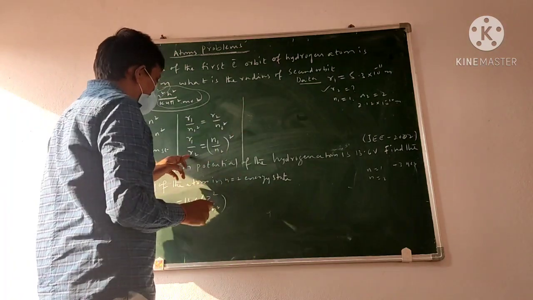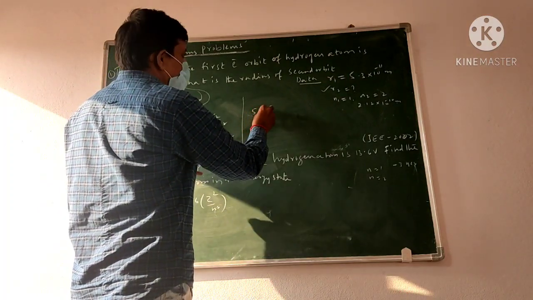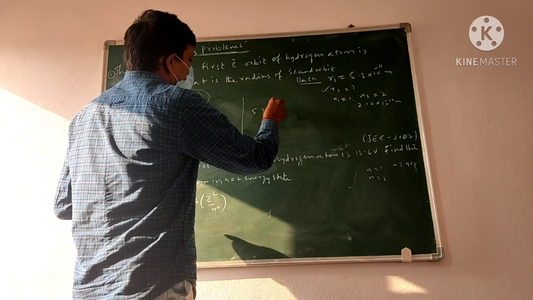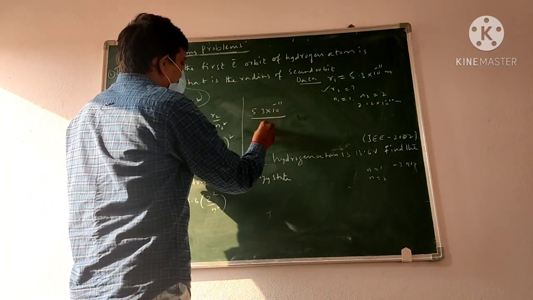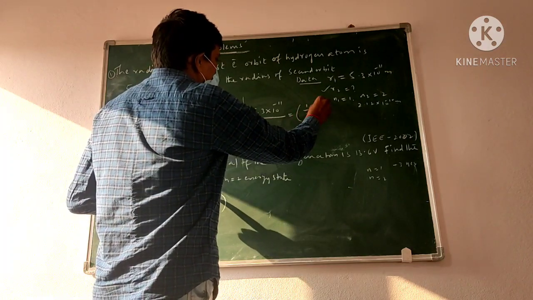Okay, now find out the R2 value. R1 is equal to 5.3 × 10^-11 divided by R2, that is equal to n1 by n2 whole squared, 1 by 2 whole squared.